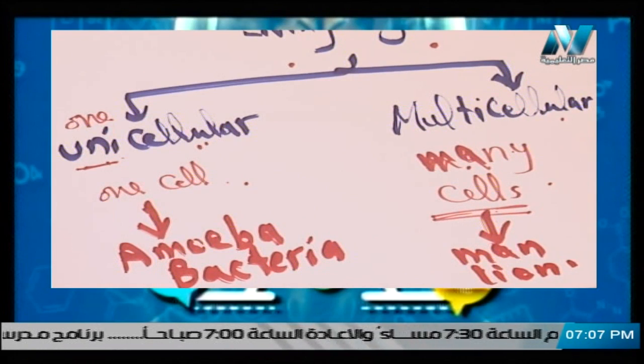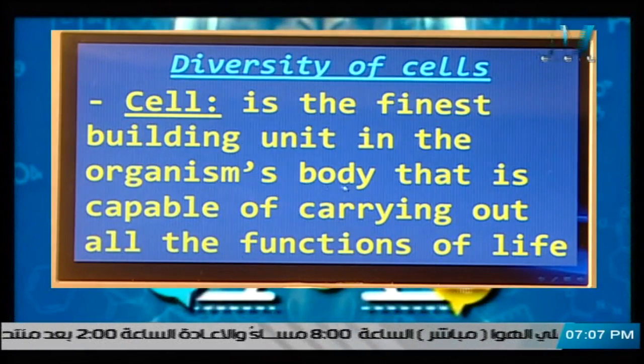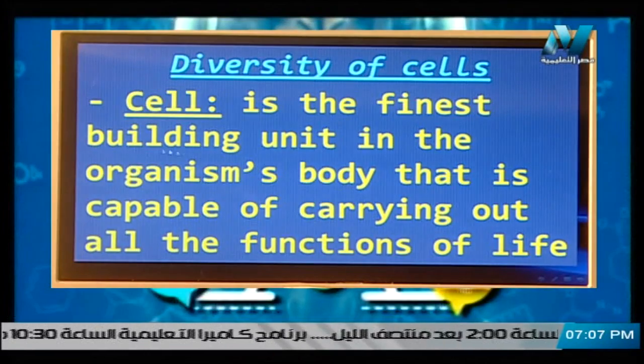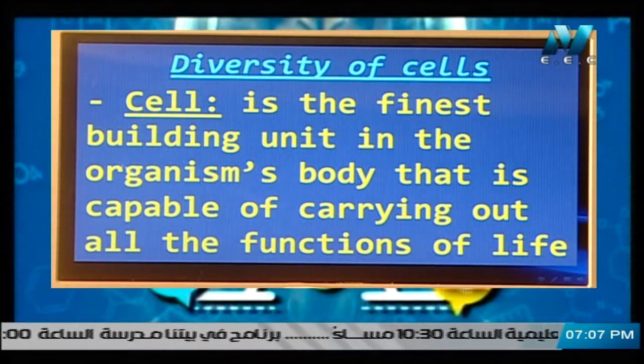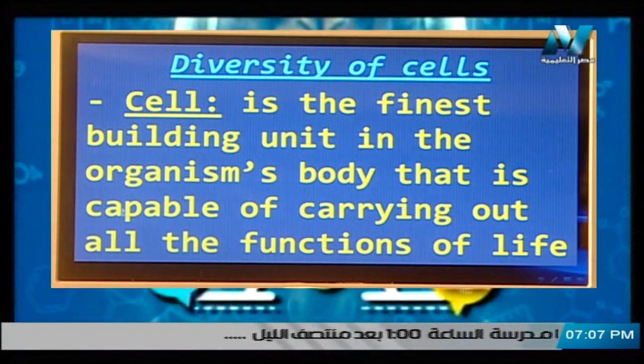The next part, هنتكلم على the definition of the cell. Diversity of the cells. What's meant by the cell? Cell is the finest building unit in the organism's body that is capable of carrying out all the functions of life.